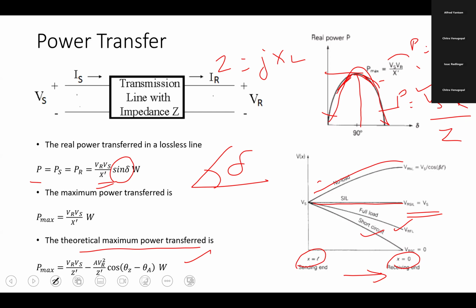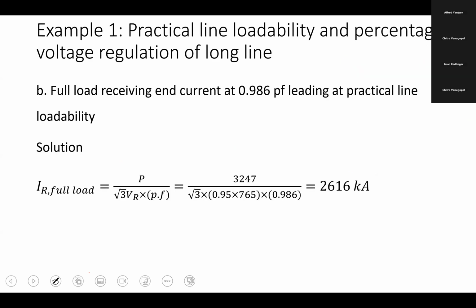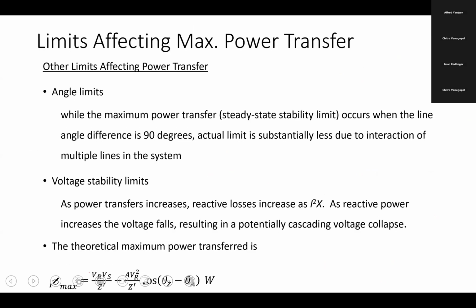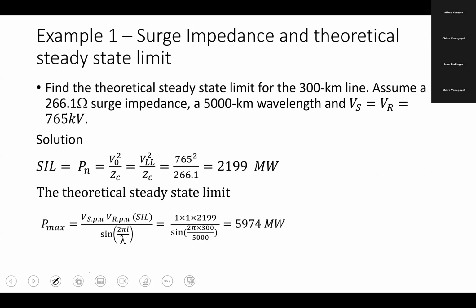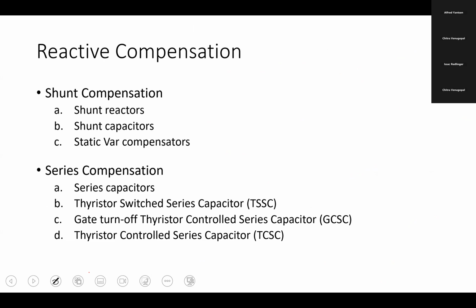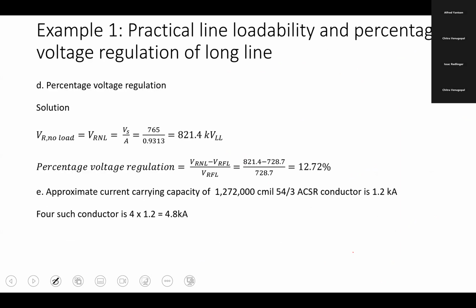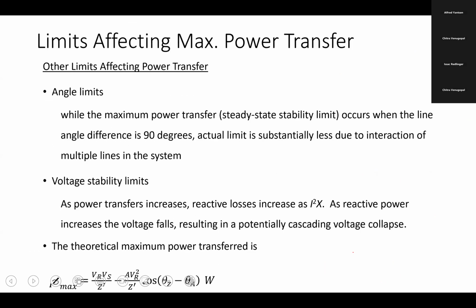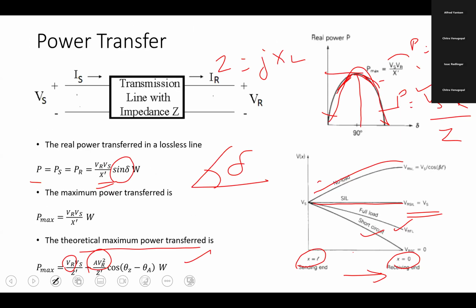So VR Vs over Z, and VR and Vs are defined by the ABCD parameters, and so you have the sending end angle and the receiving end angle. Z and A.